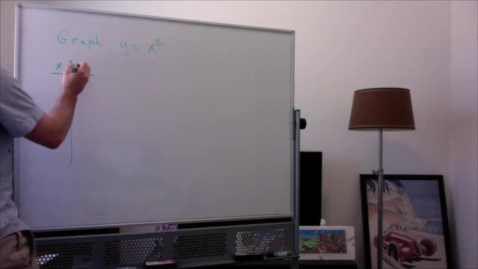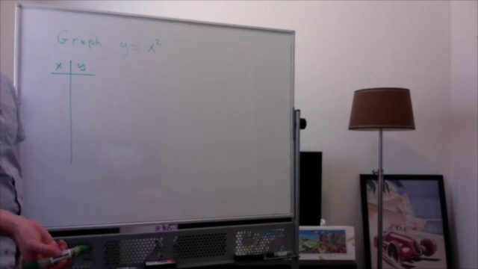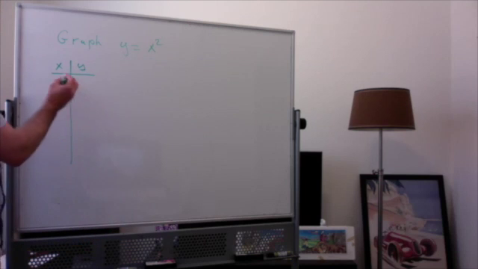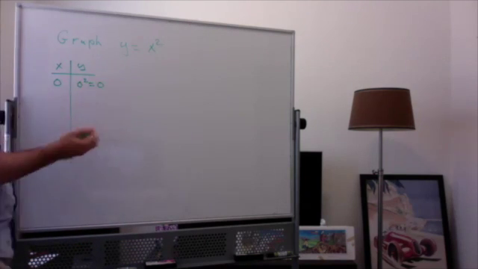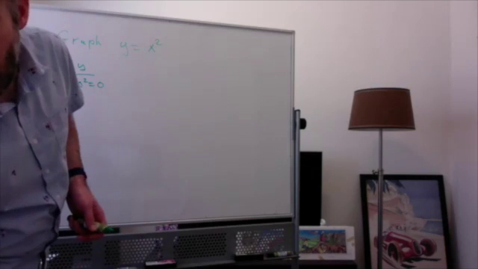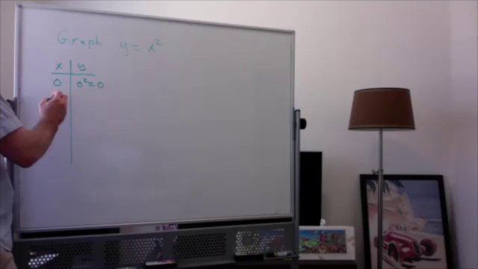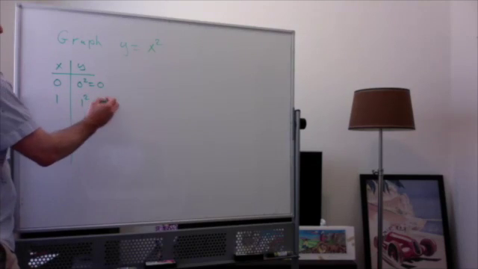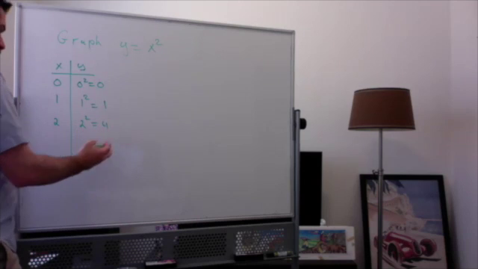Typically, we're going to plot integer values unless there is a reason not to. So we pick x equal to 0, and 0 squared is 0. x equal to 1, and 1 squared is 1. x can be 2, and 2 squared is 4.